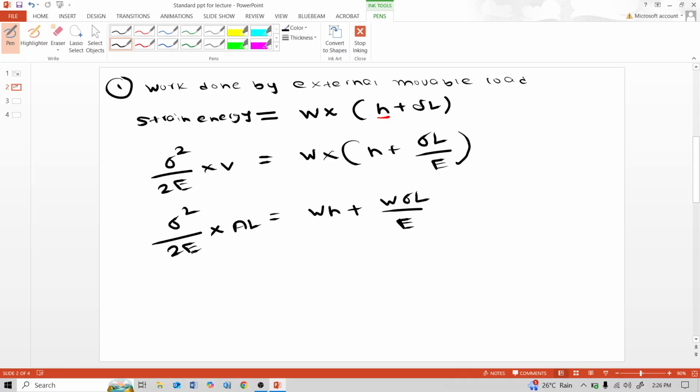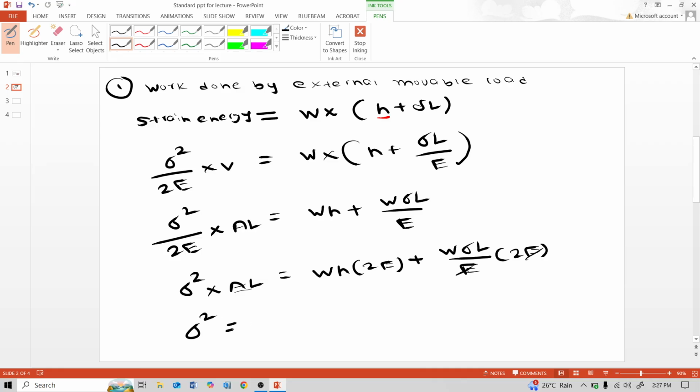Multiply this 2E to the RHS side: sigma square multiplied by AL equals WH multiplied by 2E plus W sigma L by E multiplied by 2E. This E gets cancelled. Also divide this AL to the RHS. Why do we do that? Because our aim is to find this sigma.